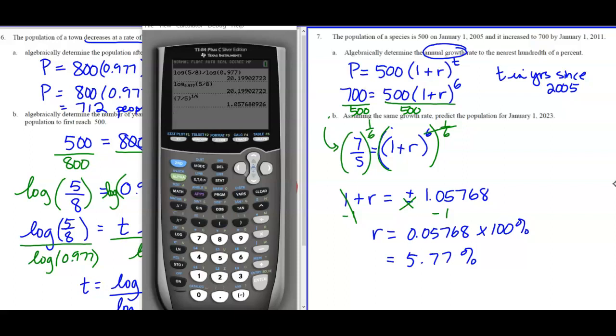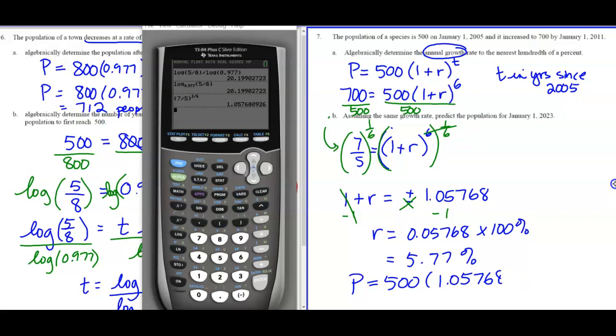Assuming the same growth rate, predict the population for January 1st, 2023. So that would be, T is in years since 2005. So what is that? 15, 18? T is 18, so. Now, I would keep at least a few decimal places, right? I would actually try to keep all of those.